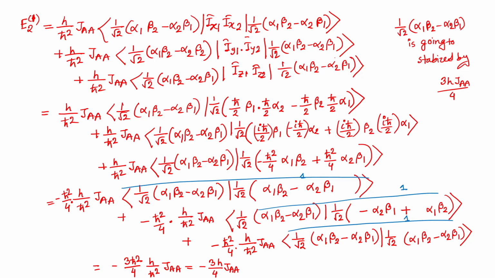Okay, now we have to consider for the next row another state, which is your h over h cut square JAA, 1 by root 2 alpha 1 beta 2 plus alpha 2 beta 1, and this is I.